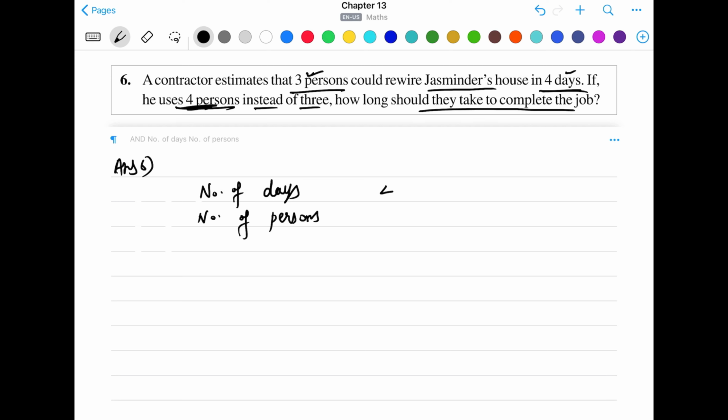So when the number of days is 4, that means 3 persons were completing the task in 4 days. Now he has used 4 persons, that is, the number of persons will be 4. We have to calculate how many days they will take to complete the task. Let's represent this in the form of a table.